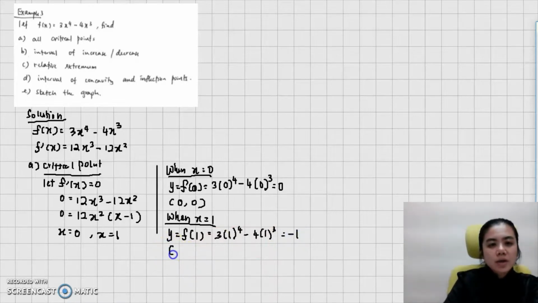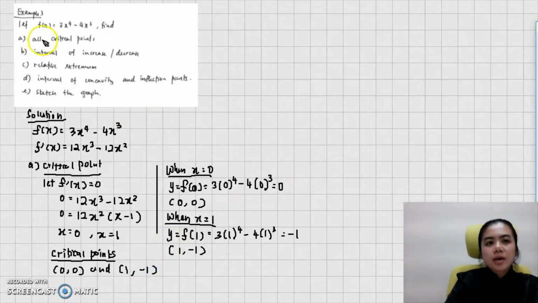So we have another critical point that is (1, -1). We obtain two critical points: (0, 0) and (1, -1). So we have done part A, so let's go to part B.